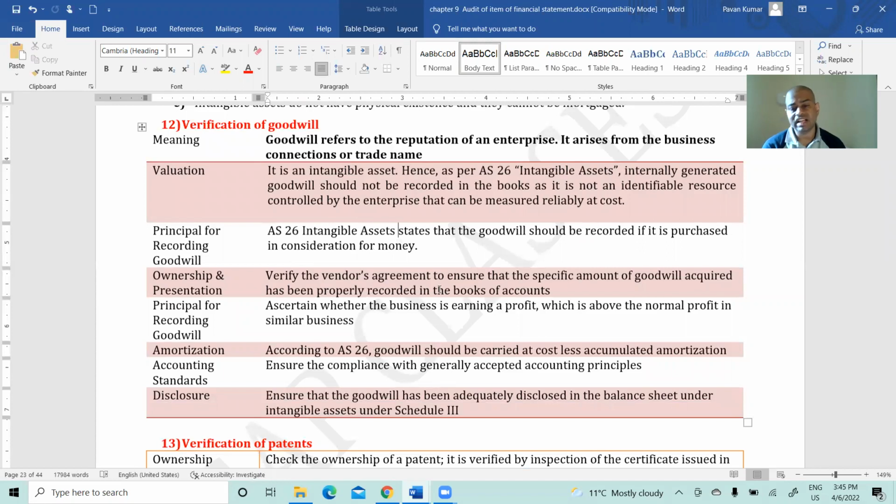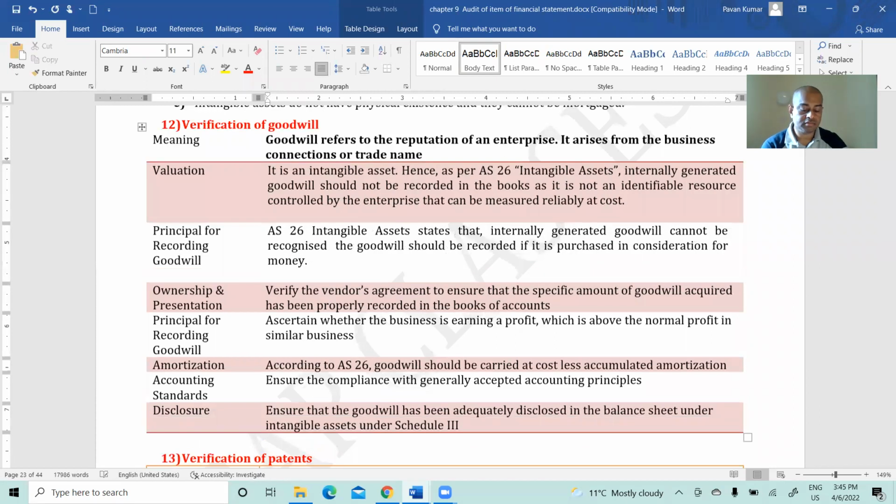AS 26 Intangible Assets states that, or better, you can write internally generated goodwill cannot be recognized as an asset in the books.